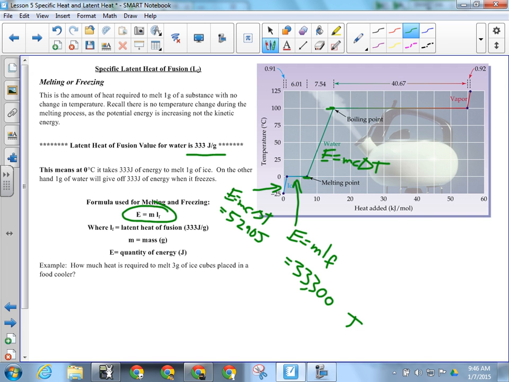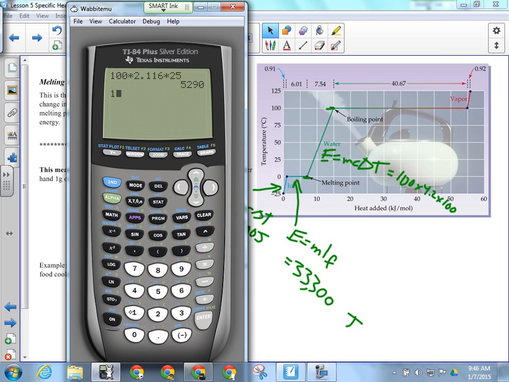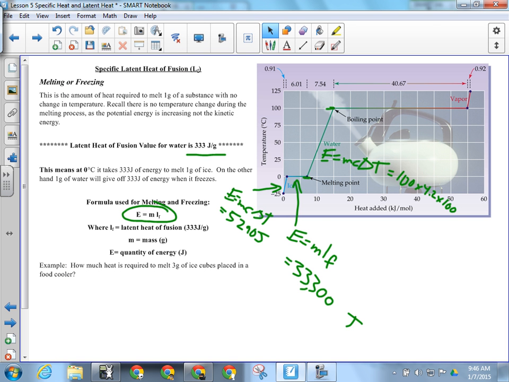We know now it's water, so I have to use the specific heat capacity of liquid water, and the temperature is changing by 100 degrees. So we'll have 100 times 4.2 times 100, which is 42,000 joules to heat 100 grams of water from 0 to 100 degrees.